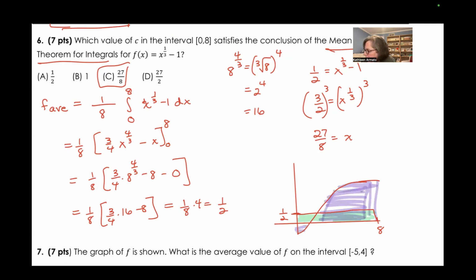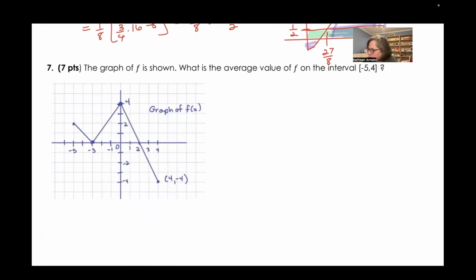That makes sense. And there's somewhere where the function has an x value that when you plug that value in, which for us was 27/8, into the function, you get 1/2, which is the height needed to make a rectangle that has the same area as the area underneath the curve. Okay, just a little refresher on what mean value theorem for integrals is all about.